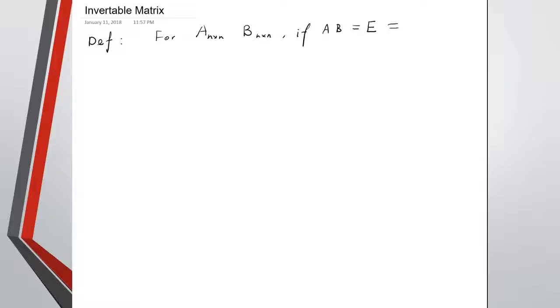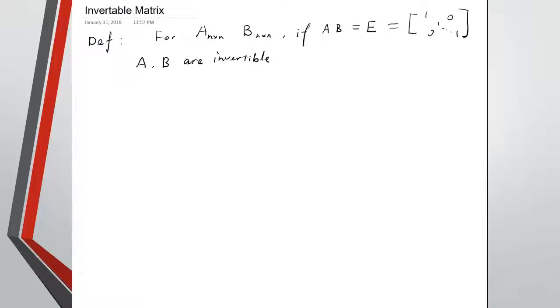So it equals something like this. On the diagonal line of this matrix, we have 1, 1, 1, and on the other positions, we only have 0. So now we can say that A, B are invertible.